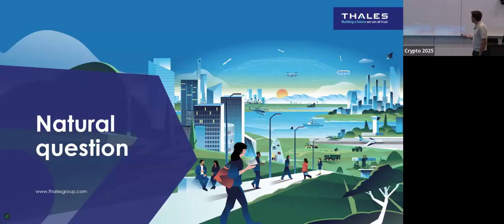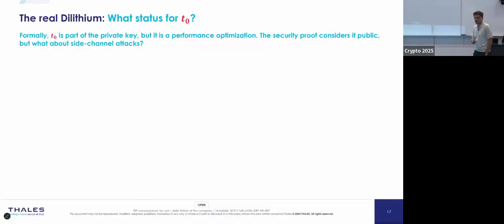And so the natural question we ask is, what is the status of this T0? Because formally, T0 is placed in the secret key, and therefore nobody knows it. But we know that it is a performance optimization, and also that the security proof considers it public. This means that even if one succeeds in recovering T0, the black box security of Dilithium is not threatened.